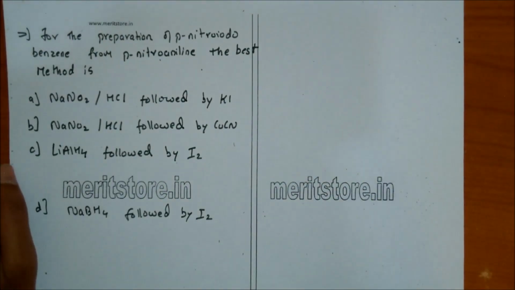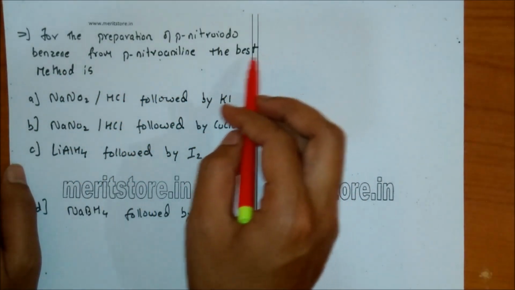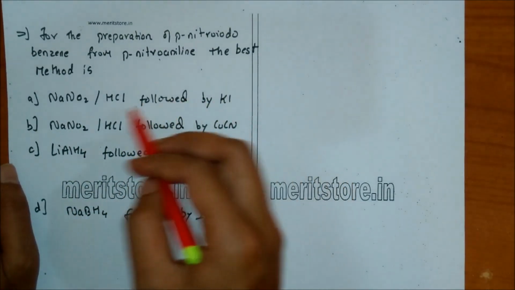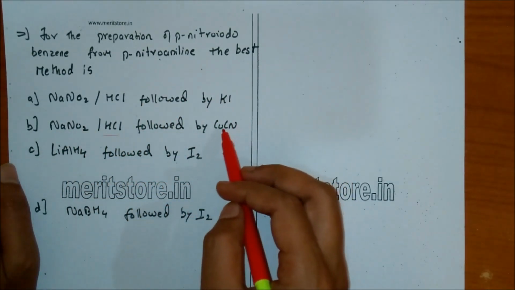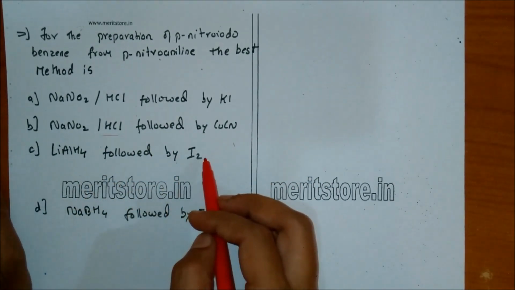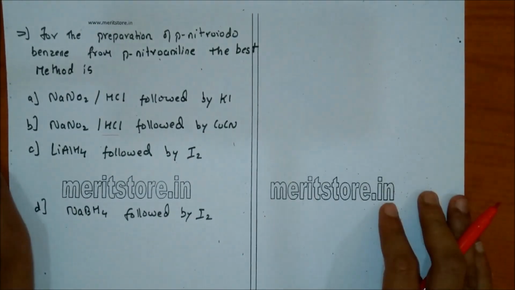For the preparation of para-nitroiodobenzene from para-nitroaniline, the best method is: A, NaNO2 in HCl followed by KI; B, NaNO2 HCl followed by CuCN; C, lithium aluminium hydride followed by iodine; D, NaBH4 followed by iodine.